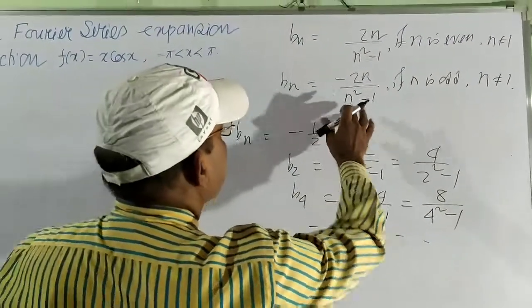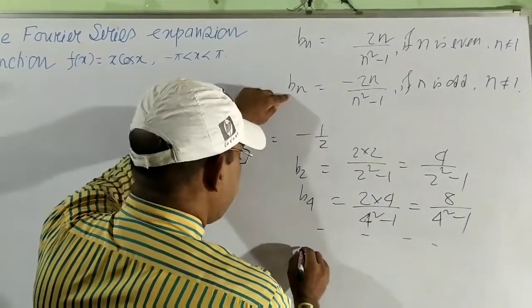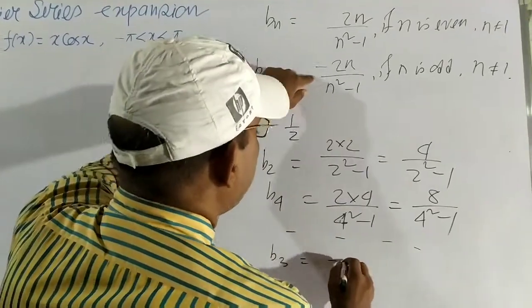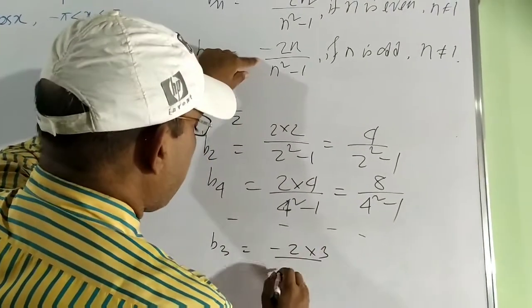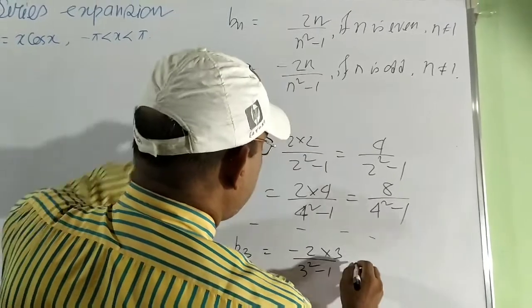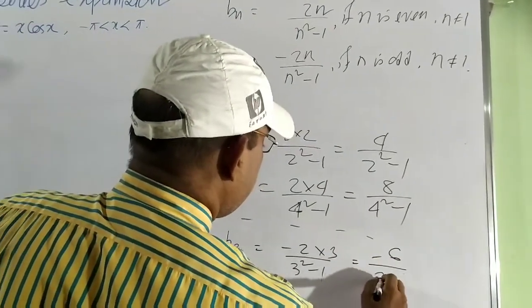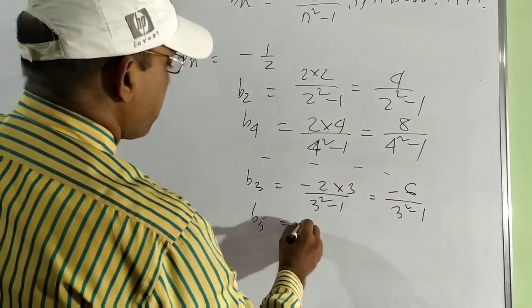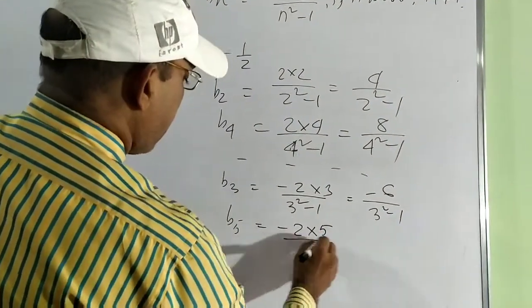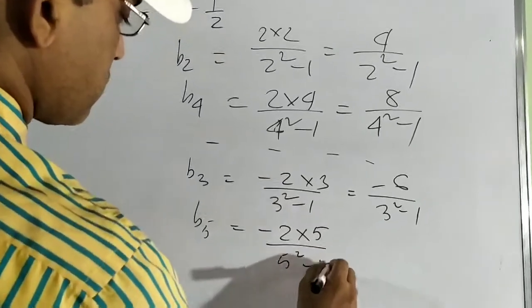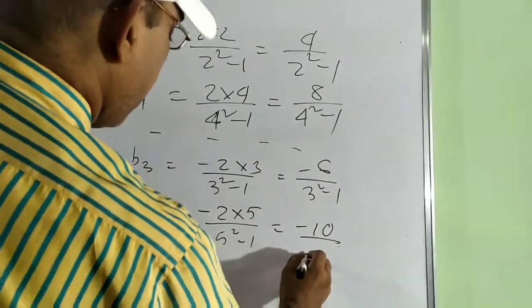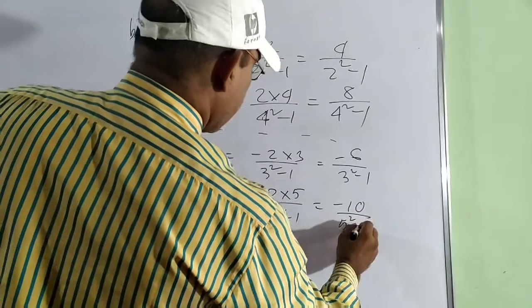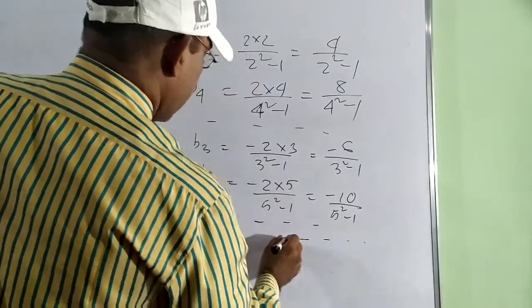Next we find B3 equal to minus 2 into 3 by 3 square minus 1, this is minus 6 by 3 square minus 1. So we can find B5, minus 2 into 5 by 5 square minus 1, this is minus 10 by 5 square minus 1. We can find in this way.